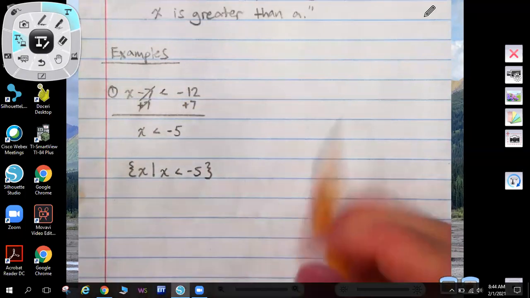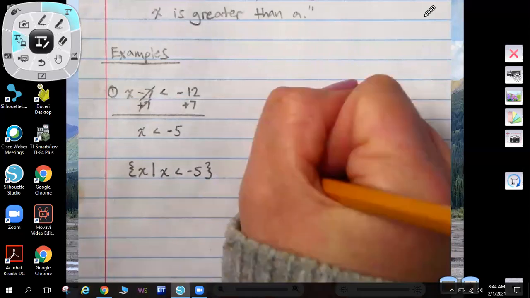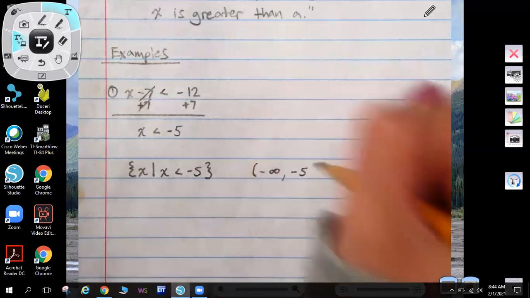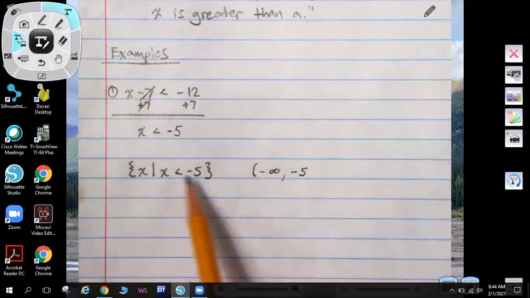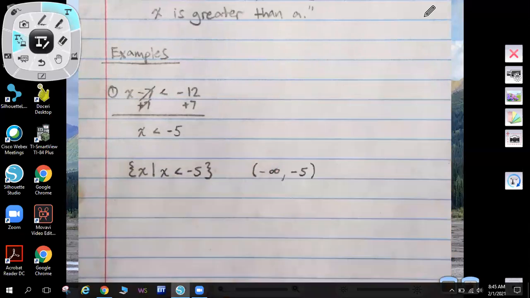Our interval notation, x is less than negative 5, so we're going from negative infinity up to negative 5, and we're not including negative 5 because this is just a less than symbol. It's not less than or equal to. So that means we use a parentheses on both sides.